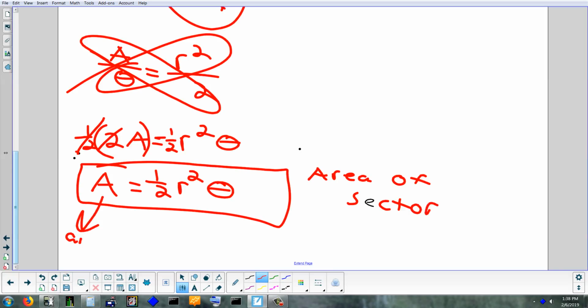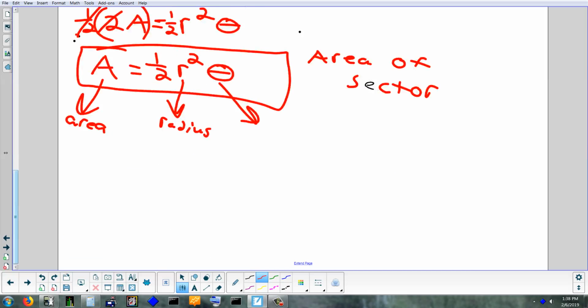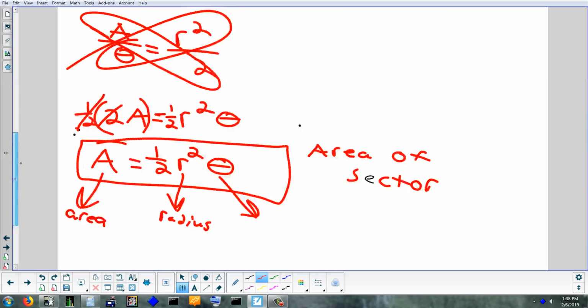Okay, so A is area. What does r stand for? Radius. R is the radius of the circle. And theta is my angle. And what about it? Angle in radians. It's in radians.